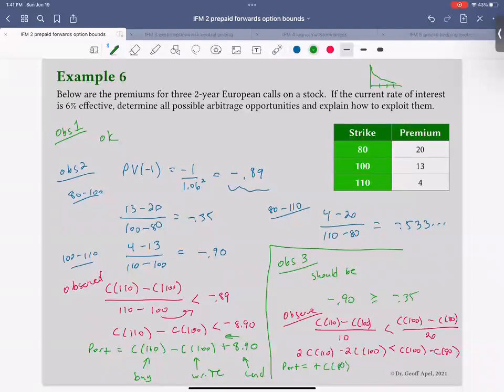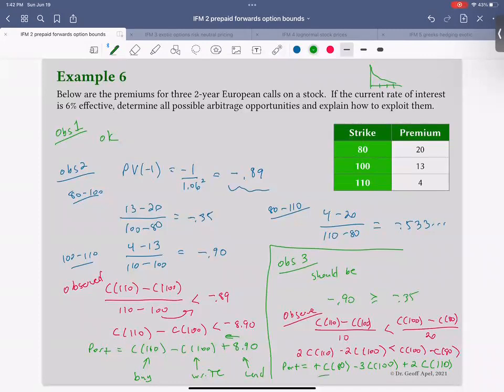And then how about the hundreds? Minus 3 calls at 100. And then plus 2 calls at 110. So interesting, that's a butterfly, right? An asymmetric butterfly. So we actually know the payoff in the future is always positive, and it's going to have the shape of an asymmetric butterfly.